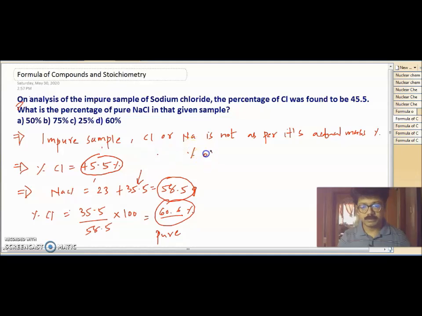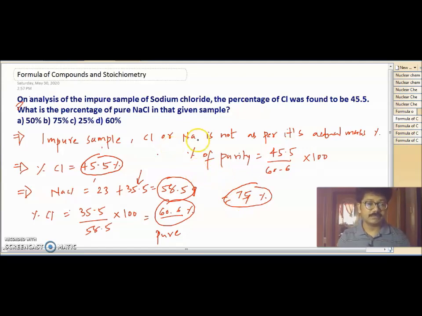The percentage of purity is equal to 45.5 divided by the actual one, 60.6, multiplied by 100. It comes to 75%. So we can say this NaCl, which contains 45.5 percent chlorine, is not 100% pure, but is 75% pure.